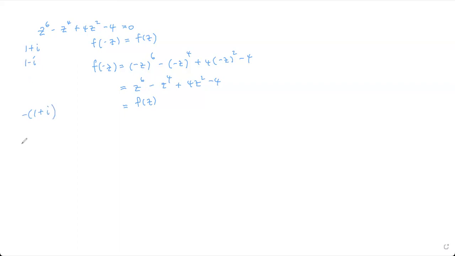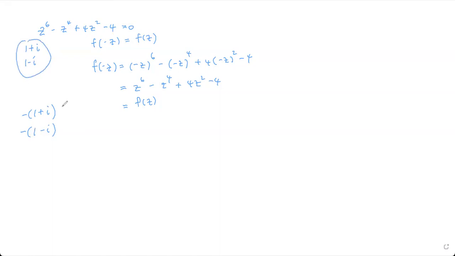And 1 - i is a root, so -(1 - i) is going to be another root. So altogether, I can conclude 4 roots just based on this information. From the first info, the root that is given, I can get a conjugate pair. And after knowing that it is an even function, I can get another 2 roots based on the earlier 2 roots we have obtained.